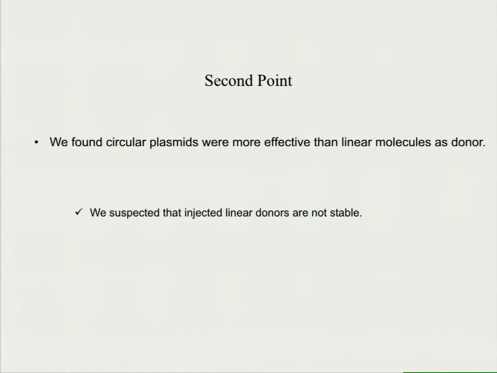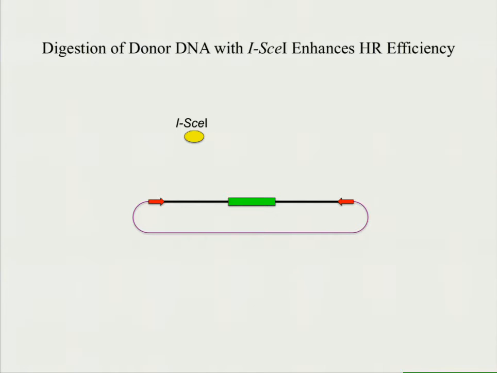So we suspect the injected linear donor is not stable in the zebrafish. So we tried to stabilize the linear donor DNA with ICE1. ICE1 has a strong binding affinity to one of the digested ends. Therefore, we designed the donor DNA where ICE1 could bind the end of the insert after digestion.